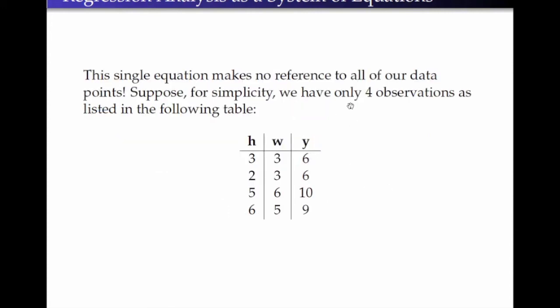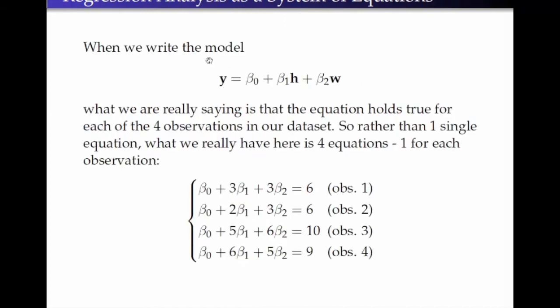Well, suppose that we have just 4 observations, and they're listed here in this table. Well, when we write this regression model, the y equals beta 0 plus beta 1h plus beta 2w, what we're really saying is that this equation holds true for each of the 4 observations in our data set. So rather than one single equation, how we always represent it up here, what we really have is 4 equations going on in the background, one for each observation.